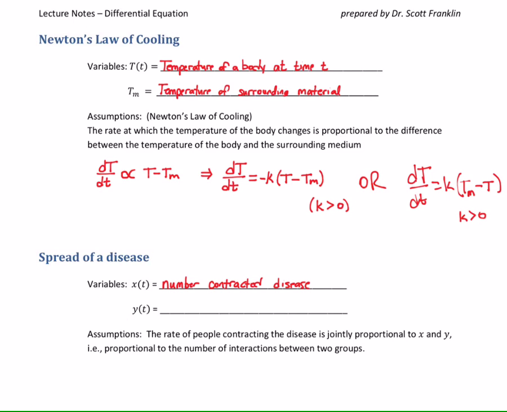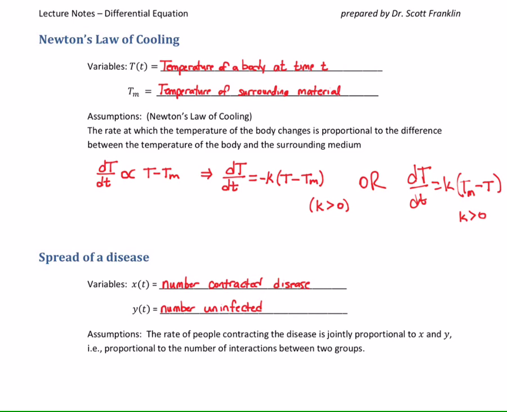Those are the number that are infected with the disease. And we're going to let Y be the number that are uninfected. So you only have two states in this model. My level of resolution that I've chosen is that you're either infected or you're uninfected.